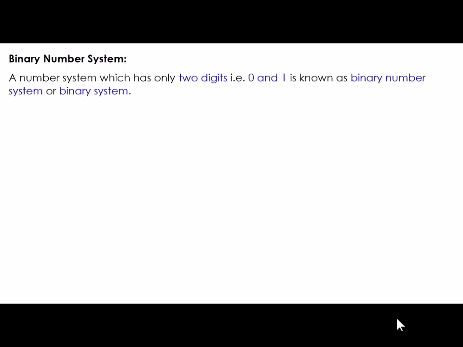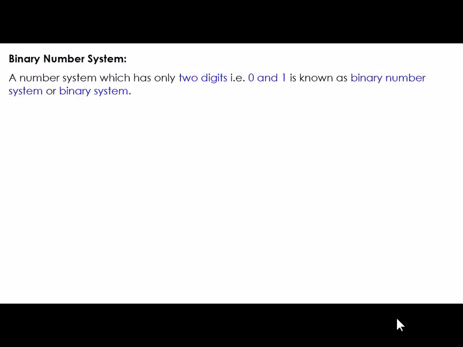Now, before jumping into digital electronics, we should have a little knowledge about the number system. In digital electronics, all digital circuits use the binary number system, which uses only two digits, that is 0 and 1. An example of digital electronics which uses the binary system is your computer.